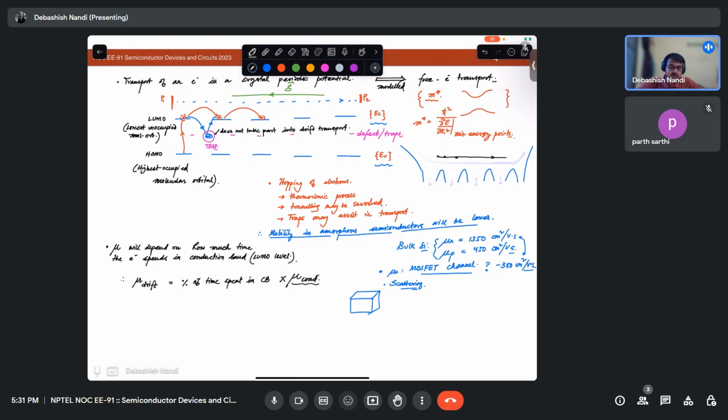So by default you understand that conduction band mobility, mu conduction, is much higher than your mu drift. This is the effective mobility.